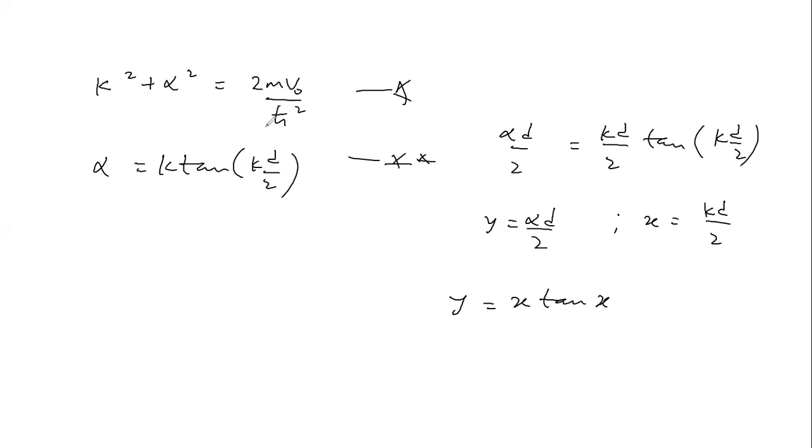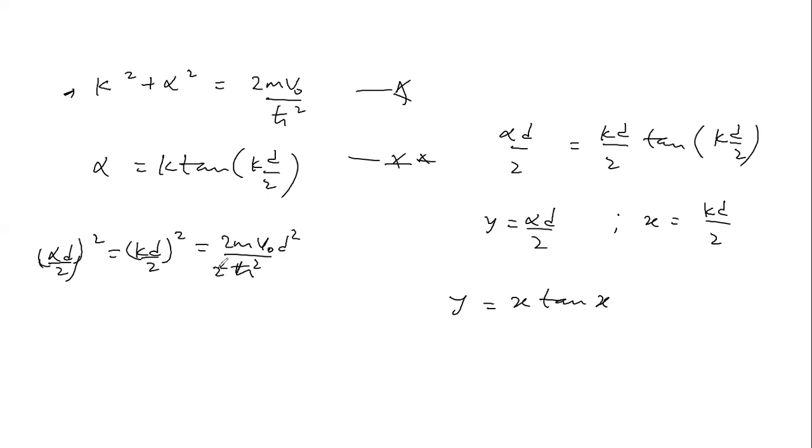In a similar vein, we can play with this and multiply by d squared. So that will give us (αd) squared equal to (kd) squared, which is 2mV₀d squared over ħ squared. And if we divide through by 2 squared, then here we have 2 squared, right?